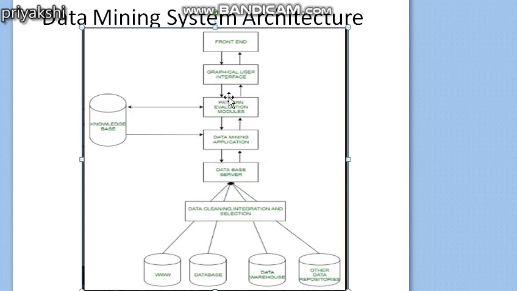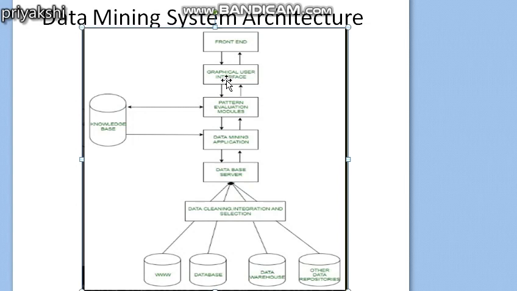And last, at the top of the architecture, there is the graphical user interface, which interacts with the user and the data mining system, allowing the user to use the data mining system either by specifying a query or any data mining tasks like association, classification, and clustering. With this graphical user interface, users can also provide extra information to guide the search process.